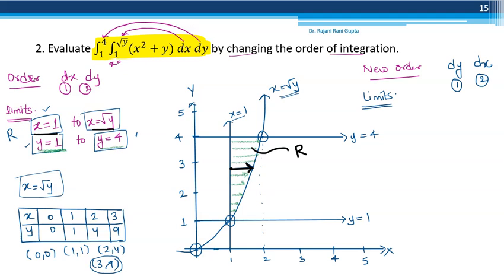So this is going to be your region. Now, this is horizontal movement, right? In the new order of integration, we want dy first, so it means first we should move vertically. Vertically, in this region, it starts from any curve, moving from down till up.